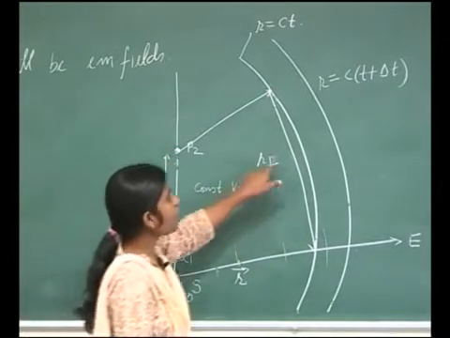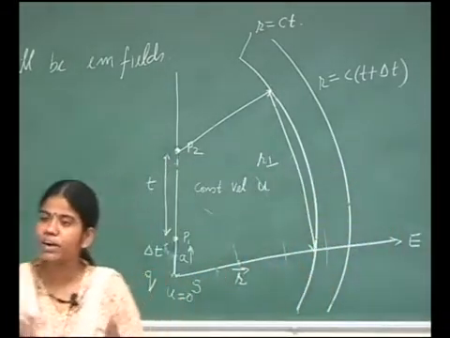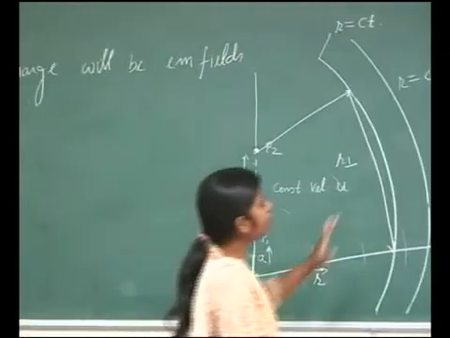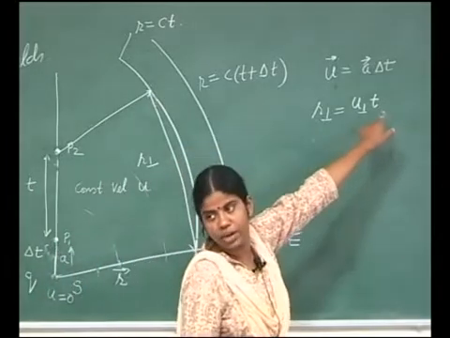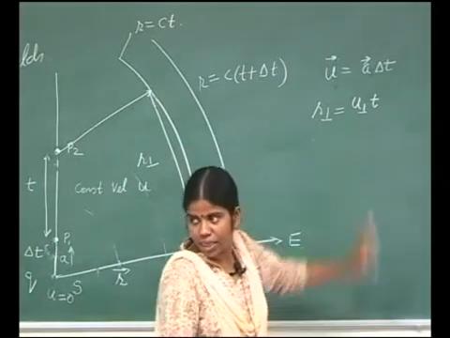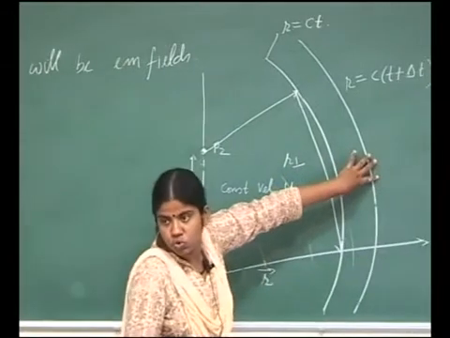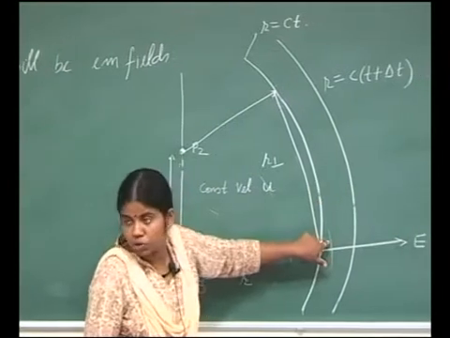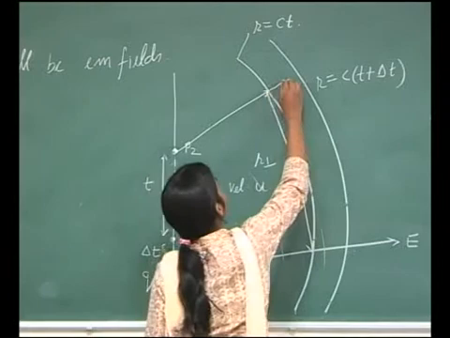So, without any loss of generality, it might not be quantitatively correct, but qualitatively I can say that this distance is u perpendicular into t. Now, we come to a region between these two. Now, you see that from here fields are coming in like this.